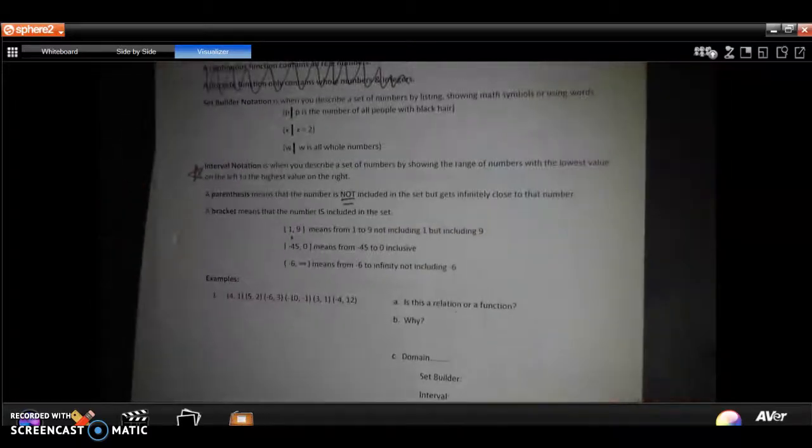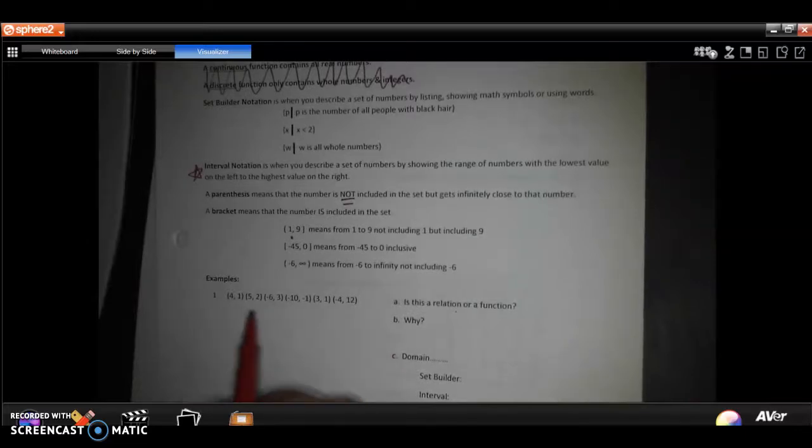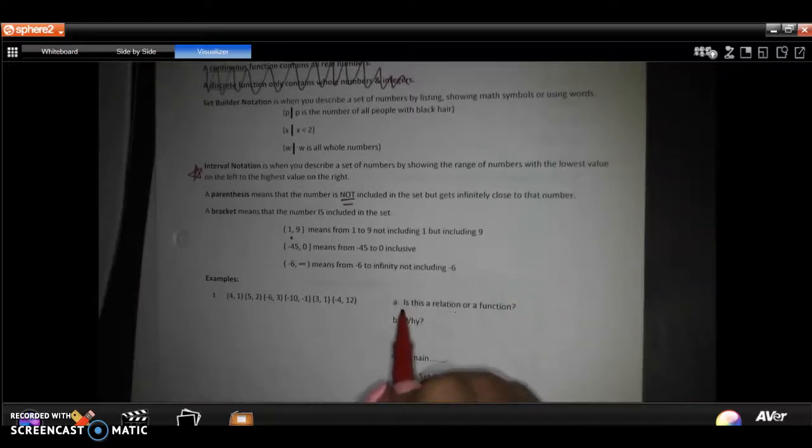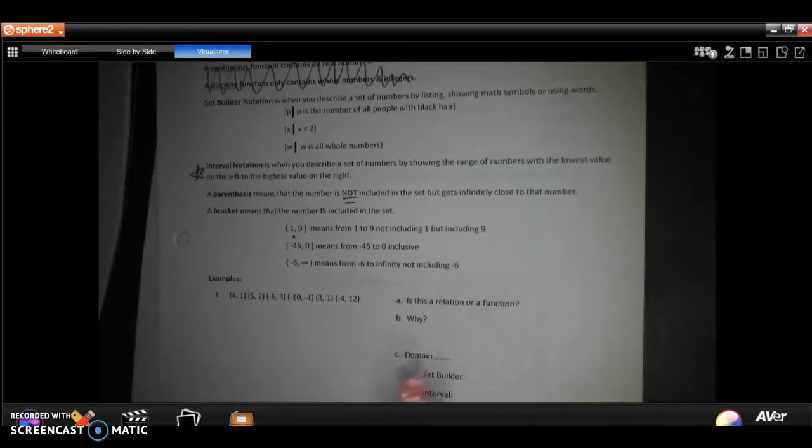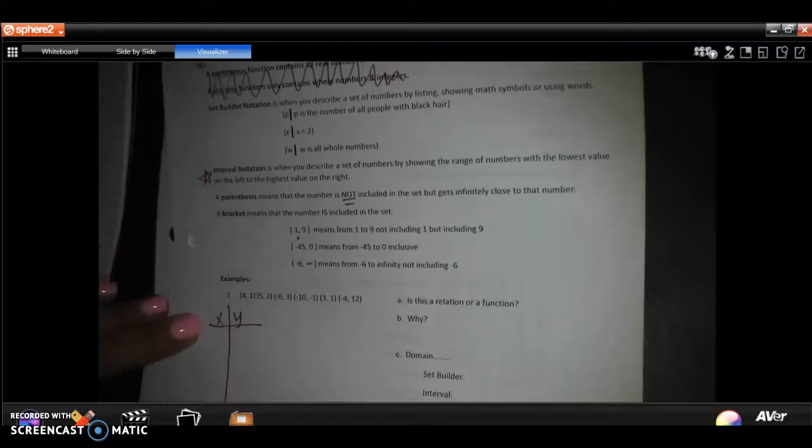Alright, example 1. Sorry, that's kind of crooked for you guys. You're going to see here they list a bunch of ordered pairs. The first question they ask us is, is this a relation or a function? So we're looking to see if our x values, if you make a table, have exactly one y value.